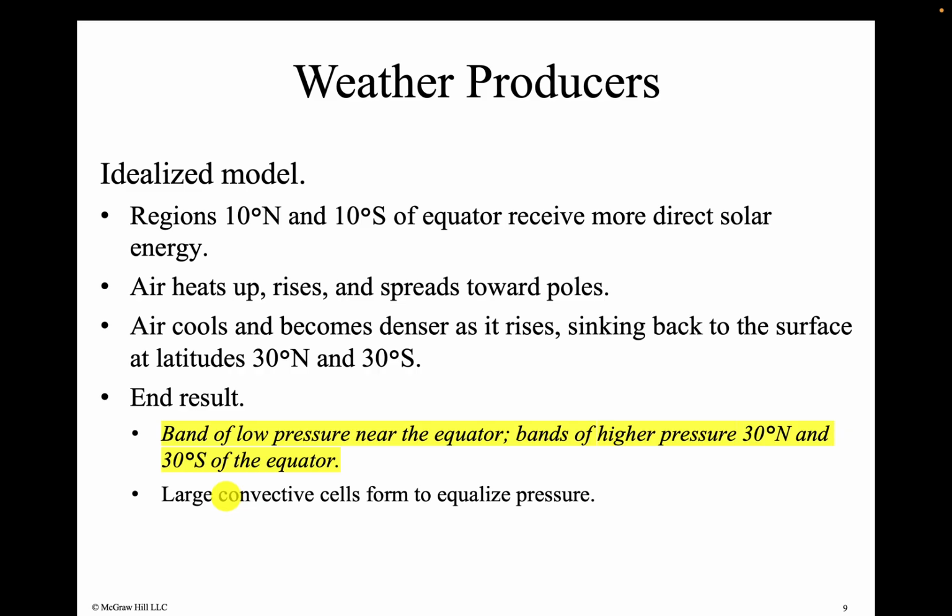There is also another weather producer event, if we can call it that way, which is high and low pressure patterns, but I'm not going to specifically talk about them because they are actually associated with the fronts and the air masses, okay?